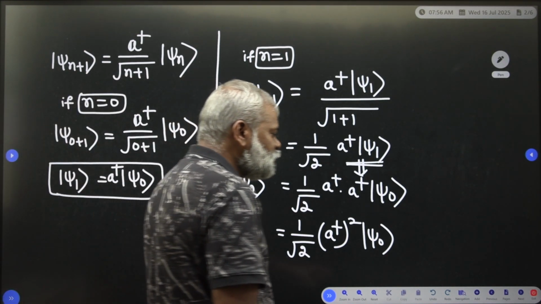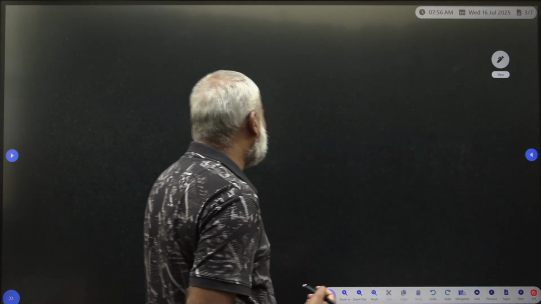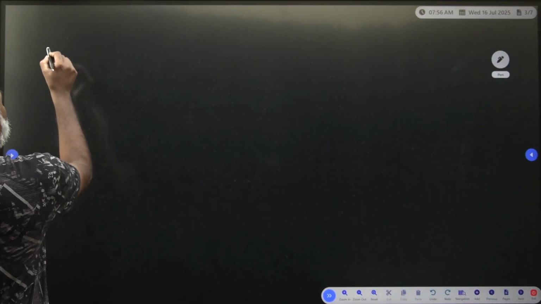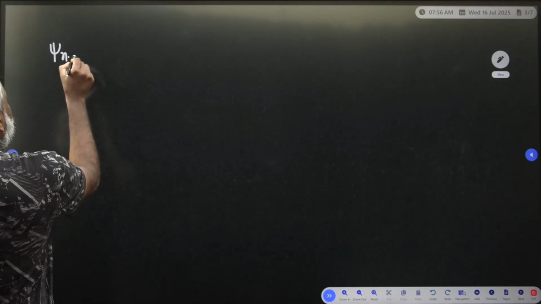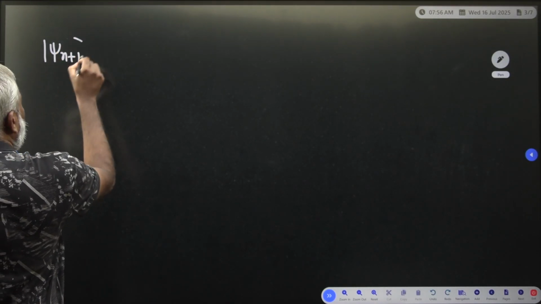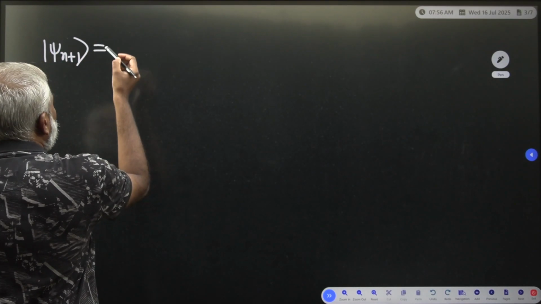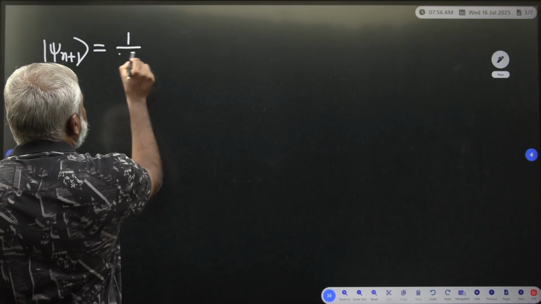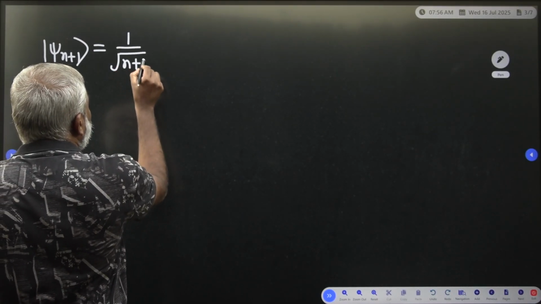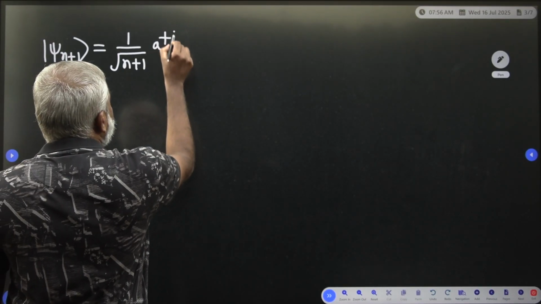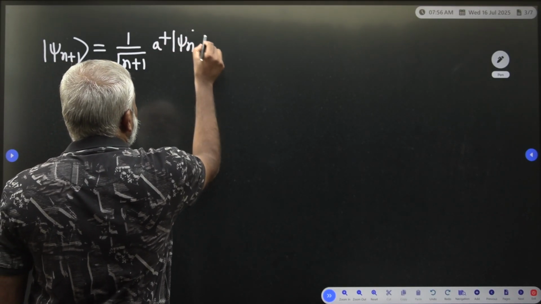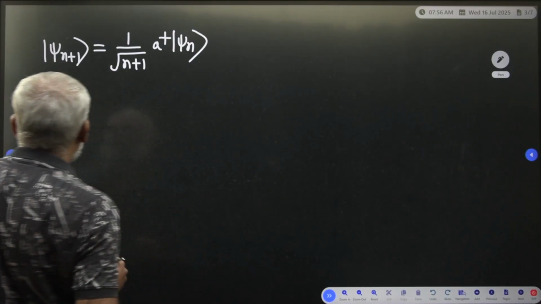Similarly, our ultimate formula is ket psi n plus 1 is equal to 1 by square root of n plus 1 into a dagger ket psi n. This is the formula.